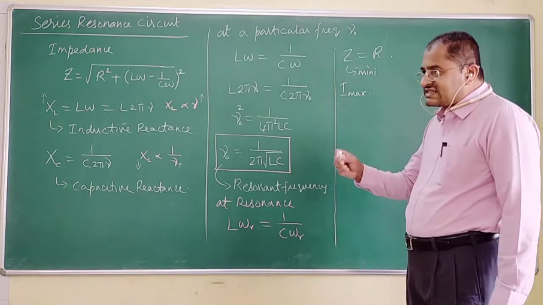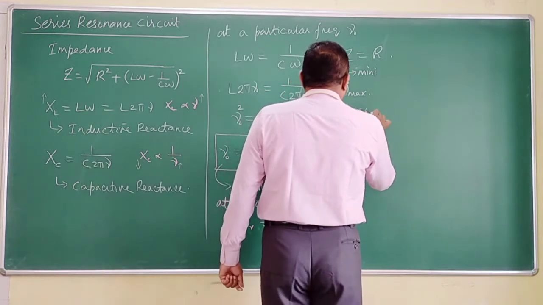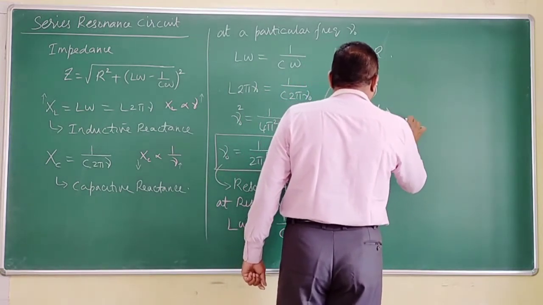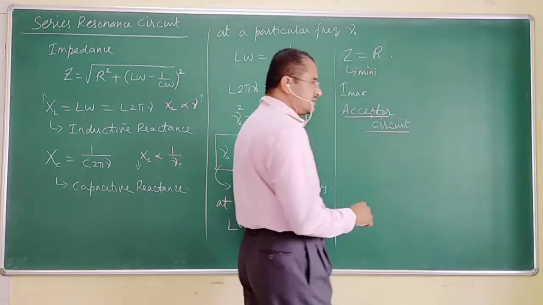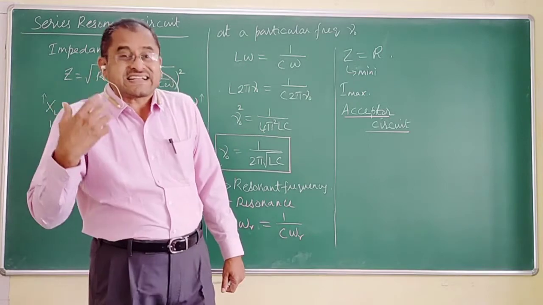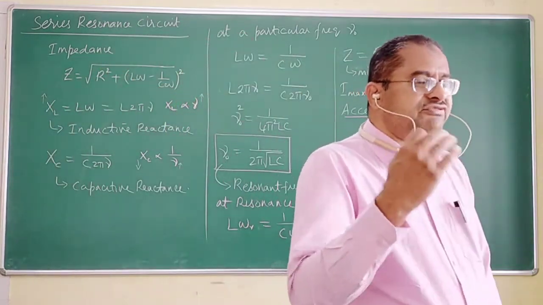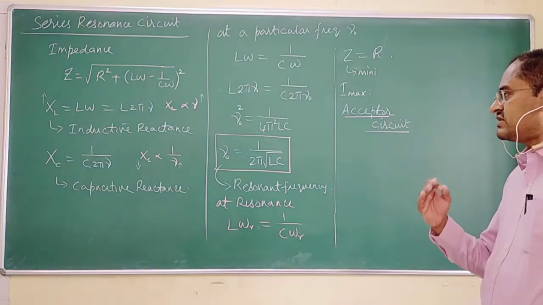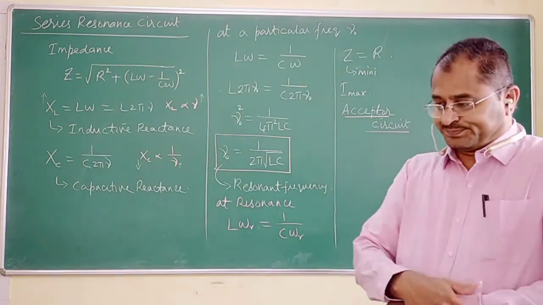Therefore an LCR circuit at resonance is also called an acceptor circuit, because it accepts or allows maximum current to flow through it.